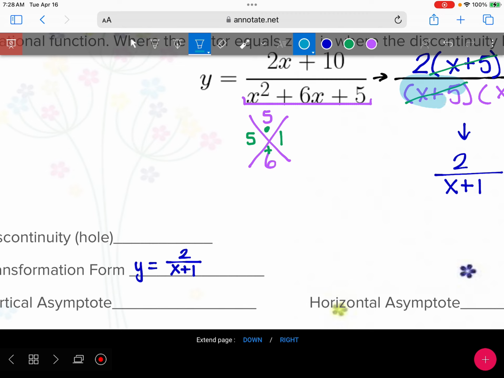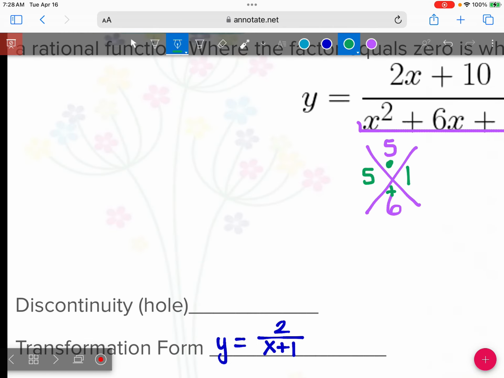So I'm just going to grab an x plus 5, except I'm going to grab it green. And I'm going to write over here, my problem happens when that piece that was in the denominator, that x plus 5, equals 0. If it equals anything else, it's fine because they cancel out. But when it equals 0 in that denominator, it causes me problems.